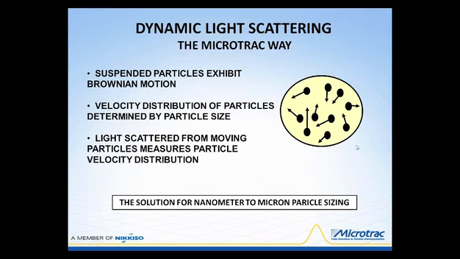The basics of dynamic light scattering stem from the physical phenomenon of Brownian motion. All suspensions of particles have a thermal interaction with the media that they're in, and that results in particles being in constant motion.